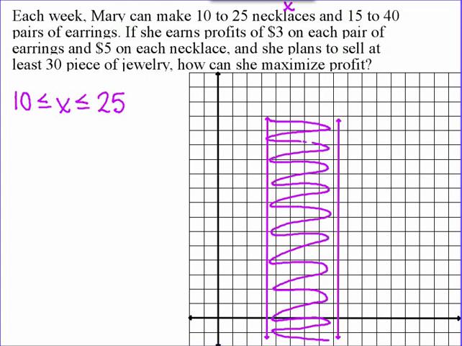Now the next one says that she sells 15 to 40 pairs of earrings. So what does that tell me? Y, exactly right. So 15 is less than or equal to Y is less than or equal to 40. So 1, 2, 3, 4, 5. I'm going to go up 5. Oops, sorry, I forgot my pen there.